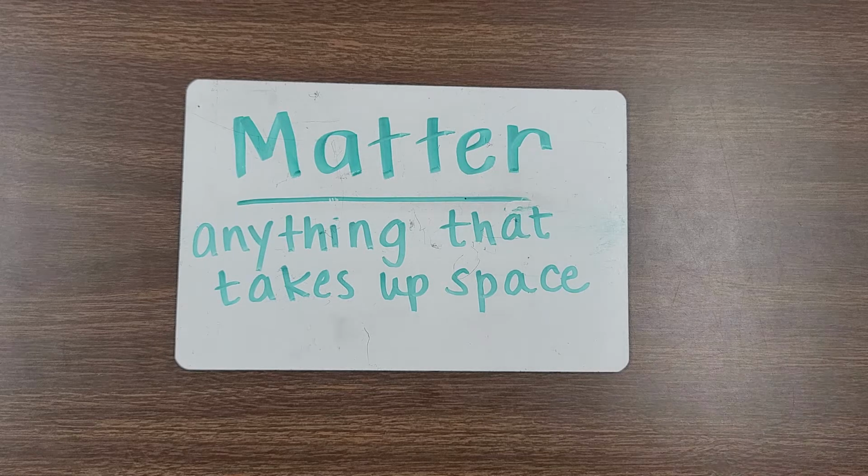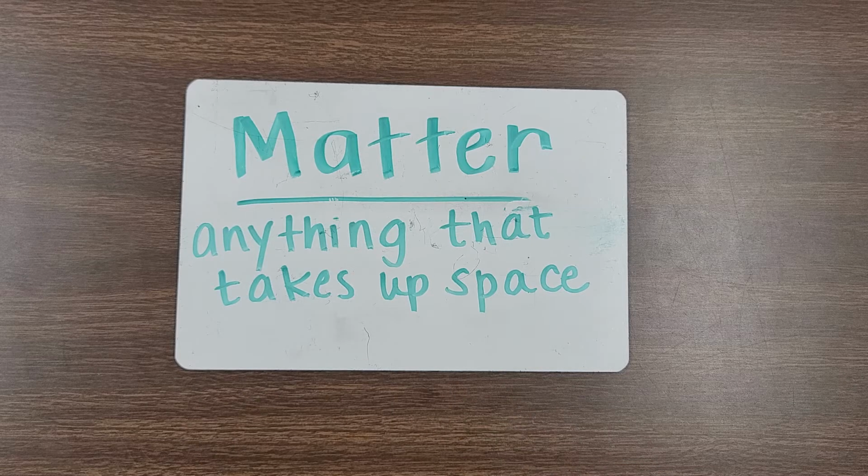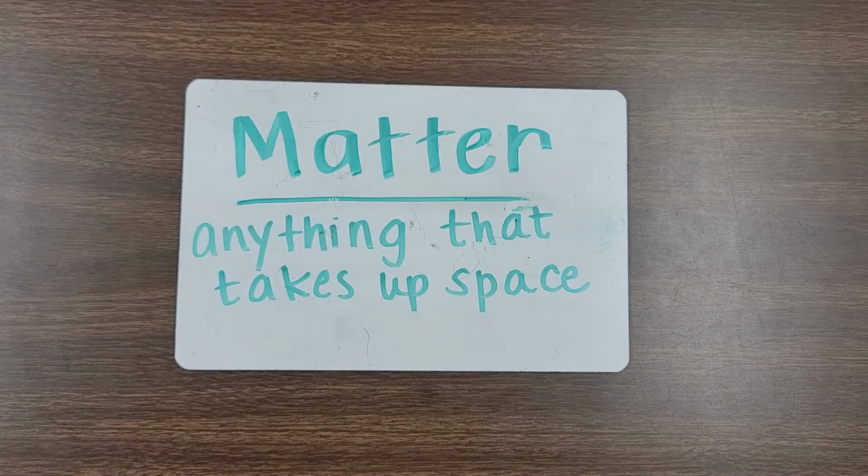So we have been talking about how we can classify matter. Now, remember, you can classify matter using five different properties. Do you remember what those five different properties are?